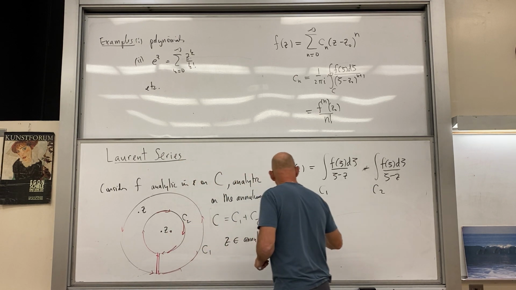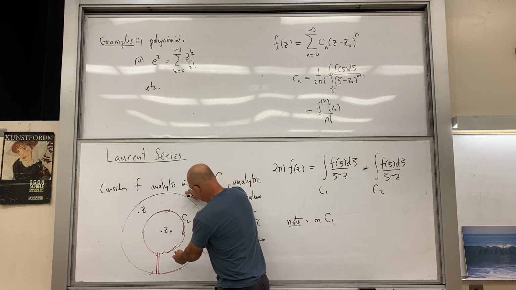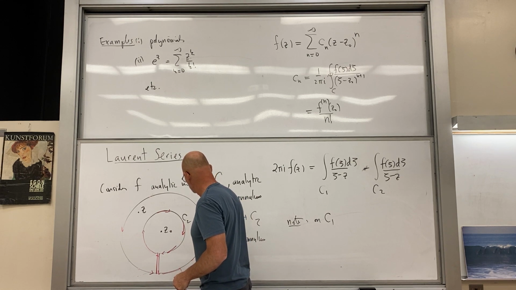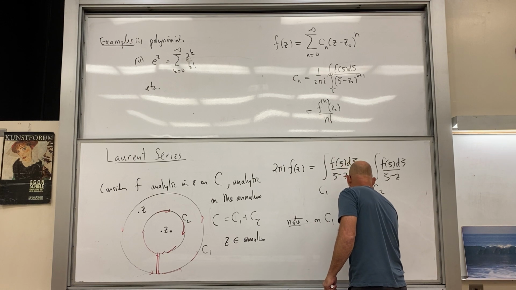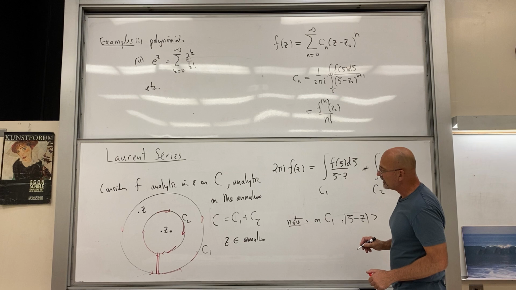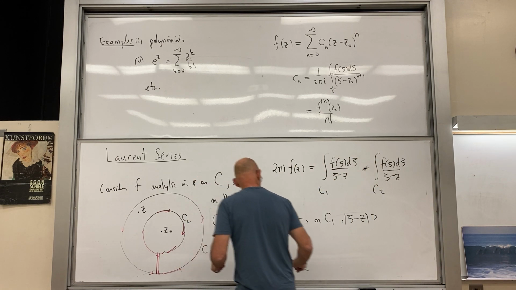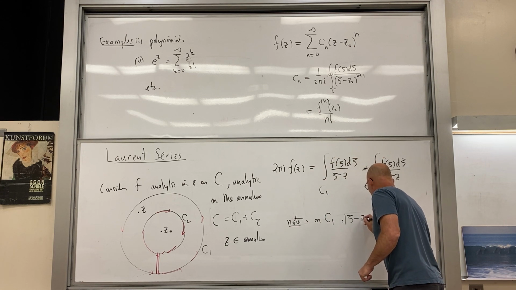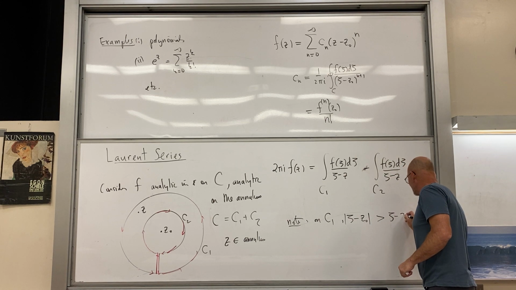So on C1, on the outside, we have the magnitude of zeta minus z sub 0 is greater than the magnitude of zeta minus z.